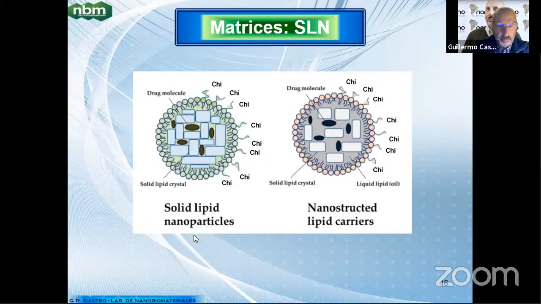One is the common one that contains one type of lipid and a surfactant, but also contains stearate with another polymer. And the second one is a mix of different kinds of lipids, one solid and another liquid, also with a surfactant, but decorated with chitosan.